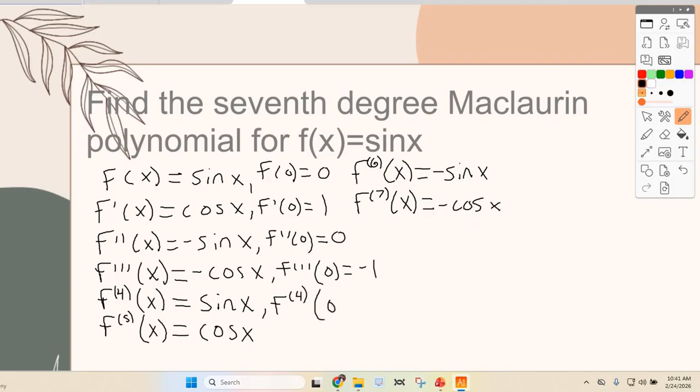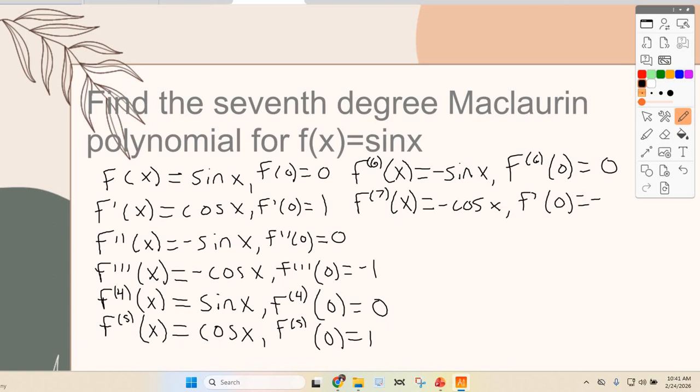The fourth derivative of f at 0 is 0 again, yes. The fifth derivative is 1. Sixth derivative is 0, and our seventh is -1. Yeah, okay with that.